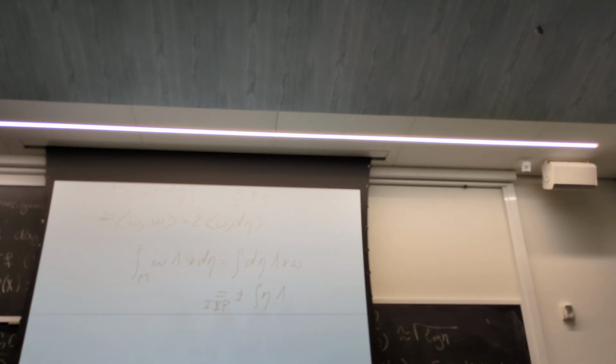So what does this mean for our omega now? We have this guy, right? By symmetry of the inner product, this should be equal to the integral of d eta wedge star omega. And now you're going to say integration by parts. It's going to be equal to plus or minus the integral of eta wedge d star omega.